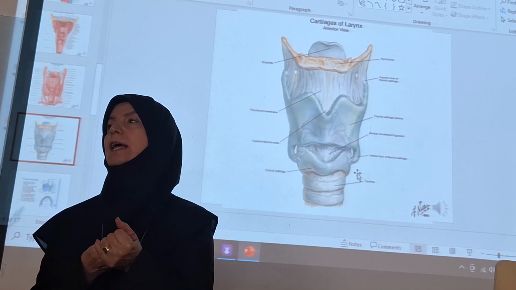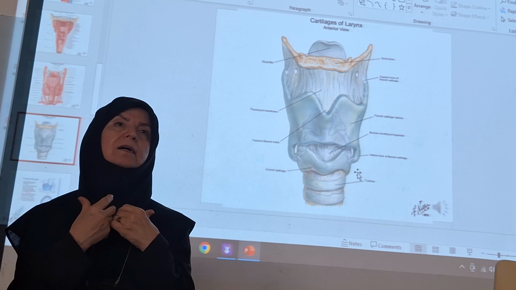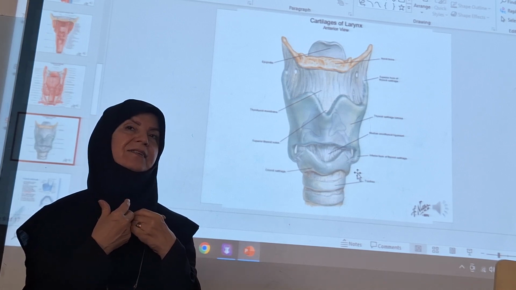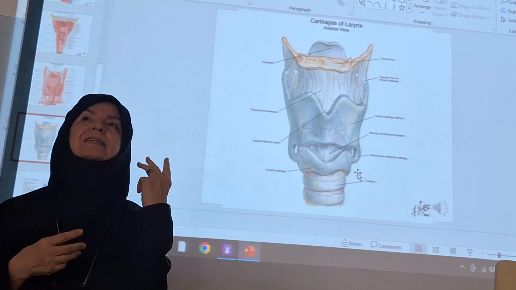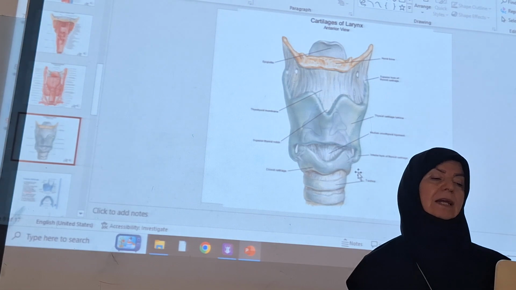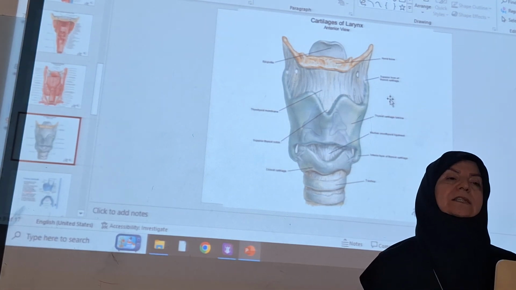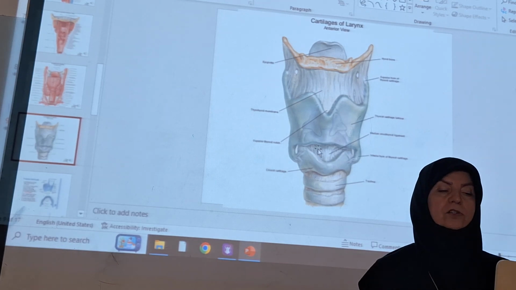How many cartilages are going to form the larynx? 3, 6, 7, 9. 3 single and 3 pair. So we have 9 cartilages in the larynx, 3 single cartilages and 3 pairs of cartilages.